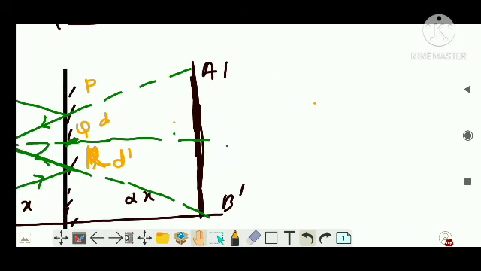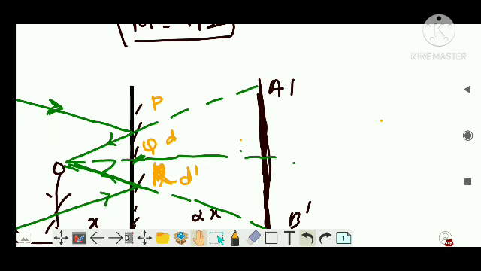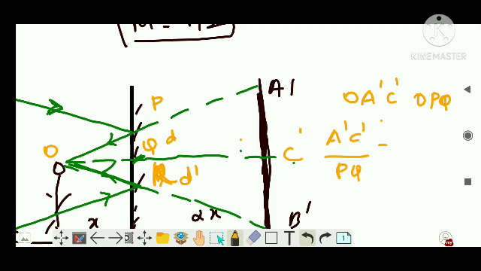Clear? Now let's take the triangles O A dash C dash and OPQ. You will see that these two triangles are similar. So A dash C dash by PQ is equal to OC dash by OQ.